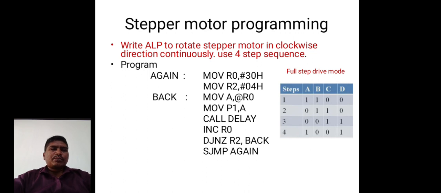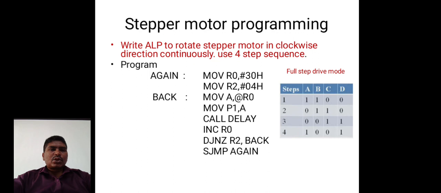See the program here, the label is again. First we need to load 30H to R0. Then load 04 to R2. Here 04 is the number of sequences, totally 4 sequences, so that is why we load 04 to R2.